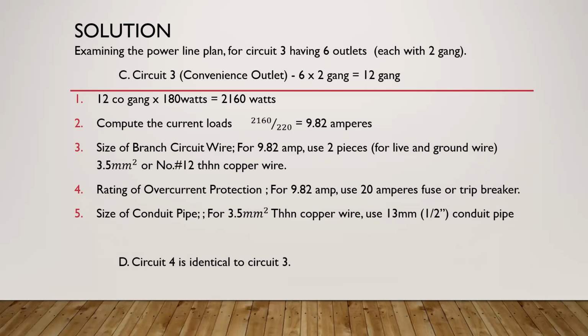So ang gagamitin na agad natin dito is 20 ampere fuse, di ba? And then with the 20 ampere fuse, ang gagamitin natin na size ng wire is 3.5 mm or yung number 12 conductor wire. And then yung size ng conduit natin, again sa kanina, dun sa table natin, it will be safely accommodated sa 13 mm na size ng conduit pipe.